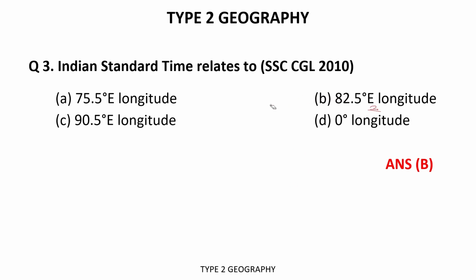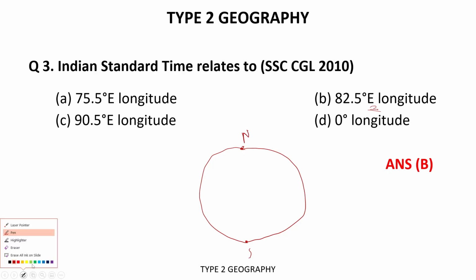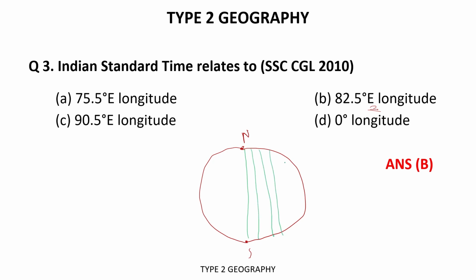Okay, now let's understand the concept. If you look at our earth, the earth looks like this. In the north, then it's the south, then it has lines like this, and also has lines like this.